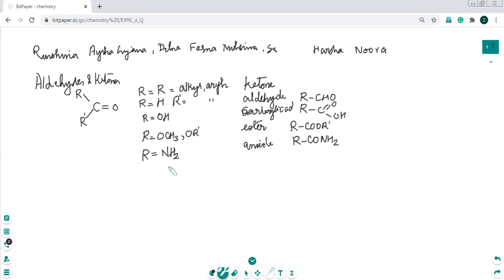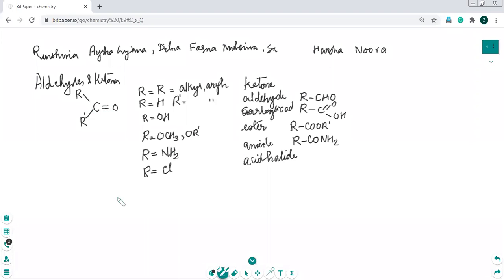Okay, amide, ester, then what do you have? Yeah, R equals halogen, say chlorine, bromine. You call it as acid chloride or acid halide. See, these are the common functional groups arising out of the C double bond O.